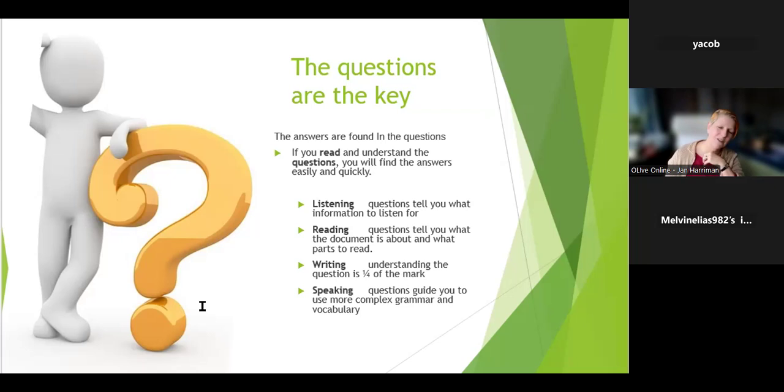In the reading, you need to understand the questions so that you know what you're reading for. In the writing, you need to understand the question if you're going to get a full quarter of the marks on the exam. It's about understanding that question. And in speaking, they will guide you to use further language.